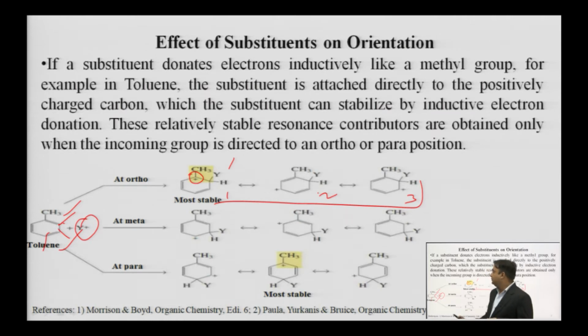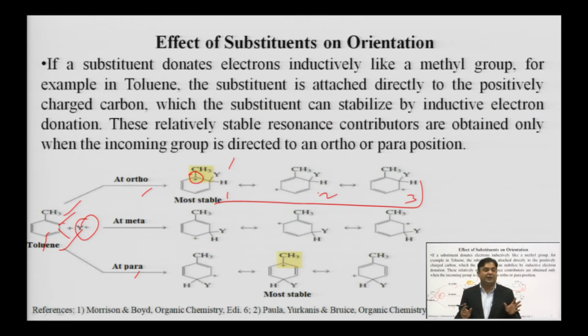So, in the case of toluene, meaning benzene with an alkyl group having plus I effect, the reaction will always take place at the ortho and para positions.